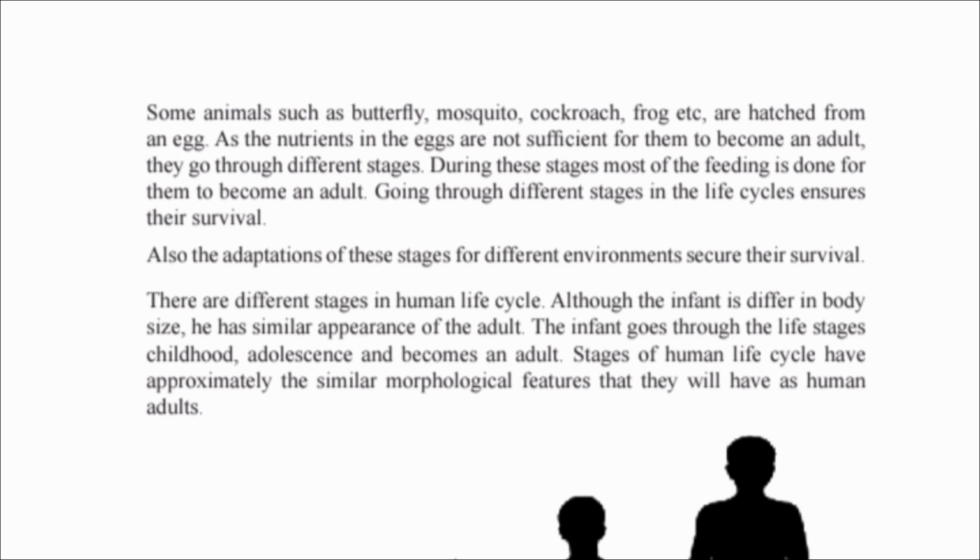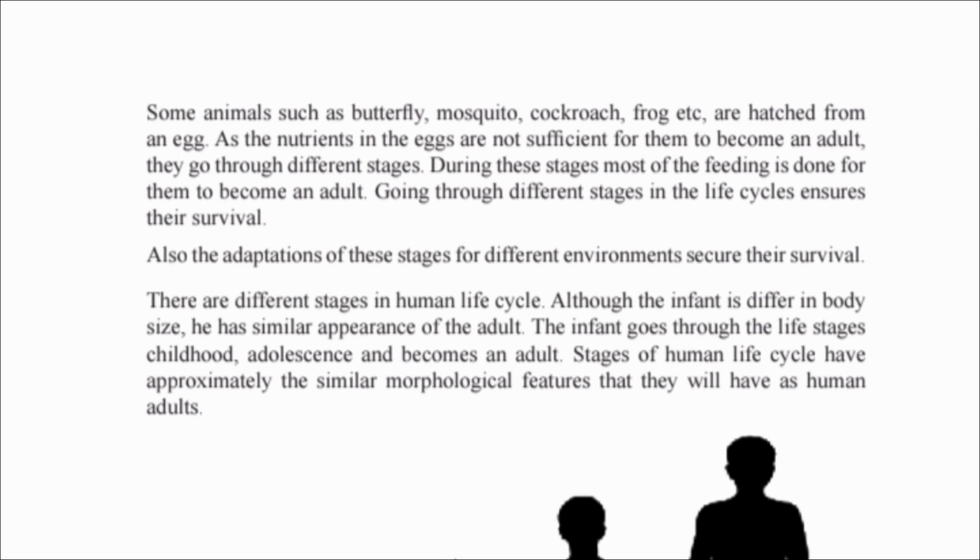So there are different stages in the human life cycle. Also the infant differs in body size, but has a similar appearance to the adult. The infant goes through the life stages of childhood and adolescence, and becomes an adult. What is the life cycle of a human?